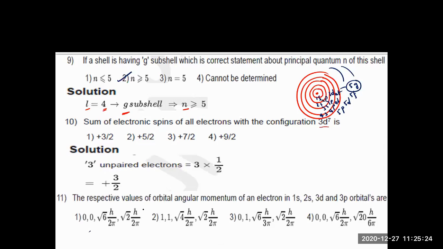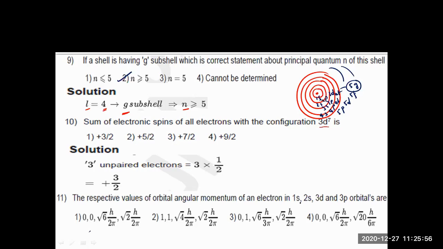Eleventh, the respective values of orbital angular momentum of an electron in 1s, 2s, 3d, and 3p orbitals are. Now, angular momentum is given by the formula under root l into l plus 1, into h by 2 pi. Very good. Come on, calculate now.